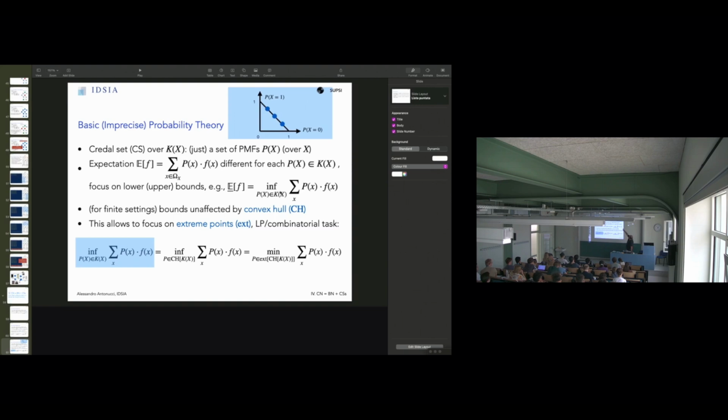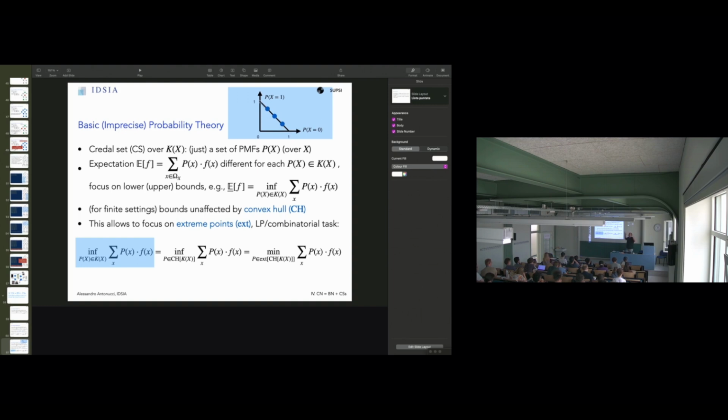A simple visual example. This line is the probability simplex, for a probability mass function over a Boolean variable. Any distribution, 0.1, 0.9, 0.2, 0.8, 0, 1, 1, 0, 0.5, 0.5, lies on this segment.